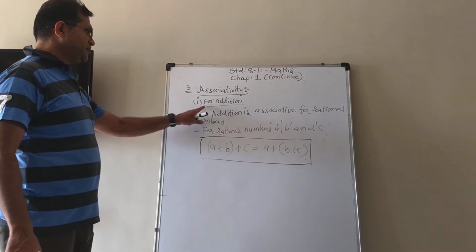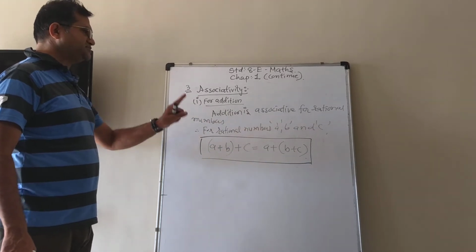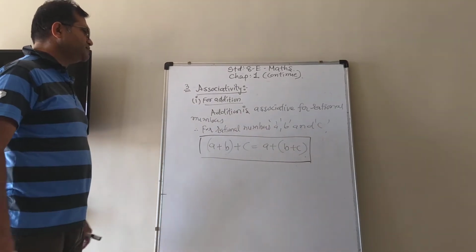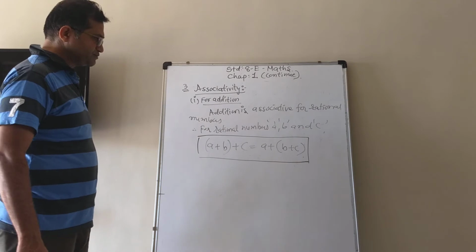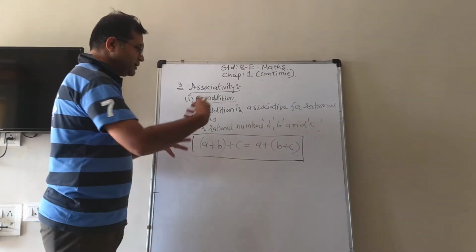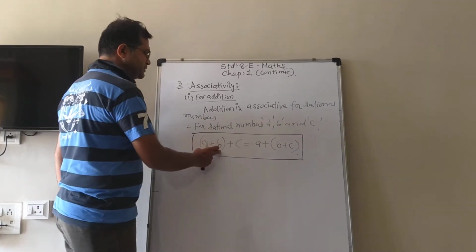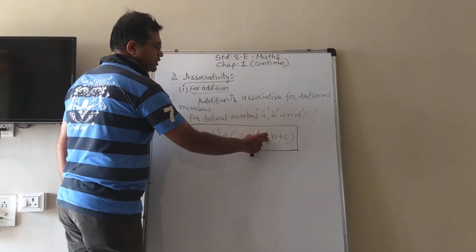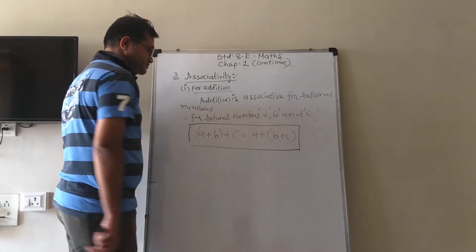It shows that addition is associative for rational numbers. So here you can say that two groups you can make differently.